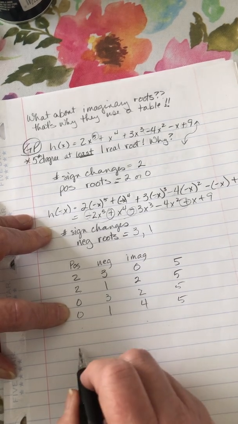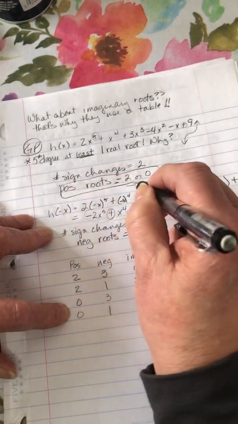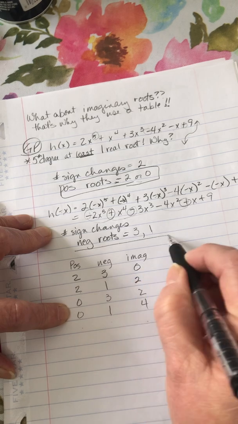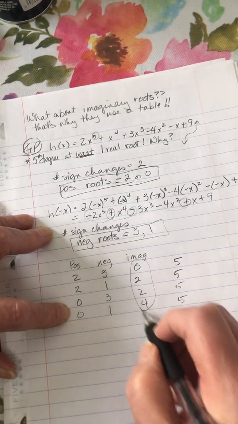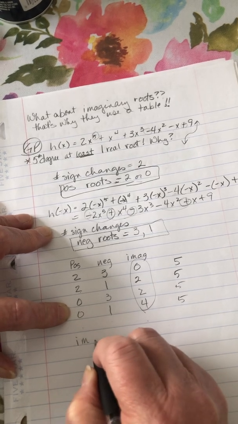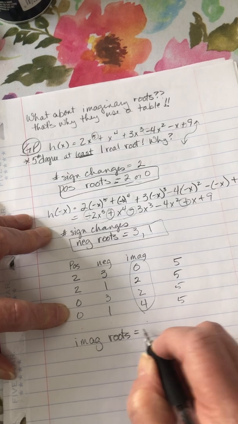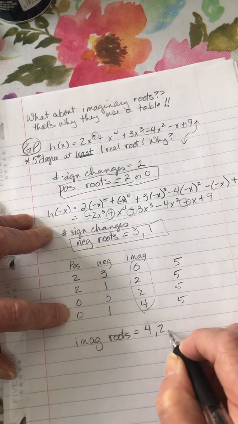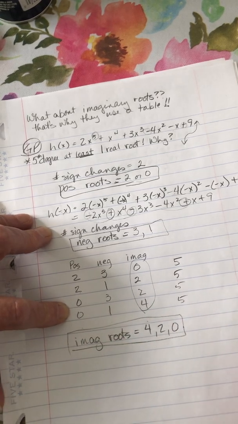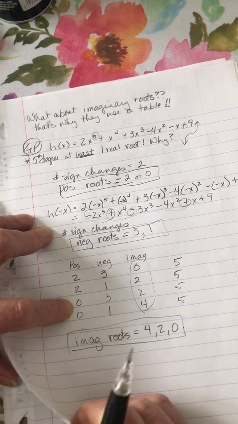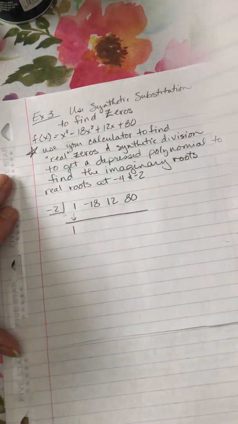So that means I could have 2 or 0 positive roots, 3 or 1 negative root, and if I look at imaginary roots, okay, I could have 4, 2, or 0, okay? So we're just looking for the numbers. What it could be, not necessarily what it is.